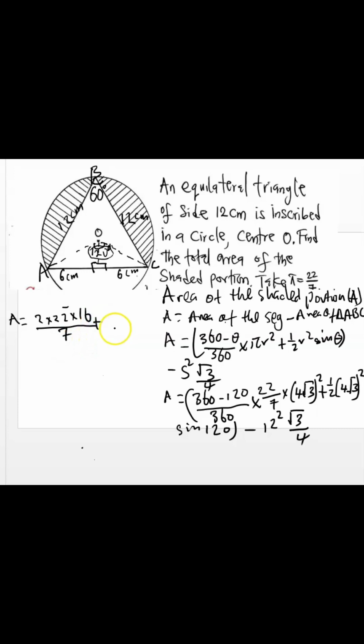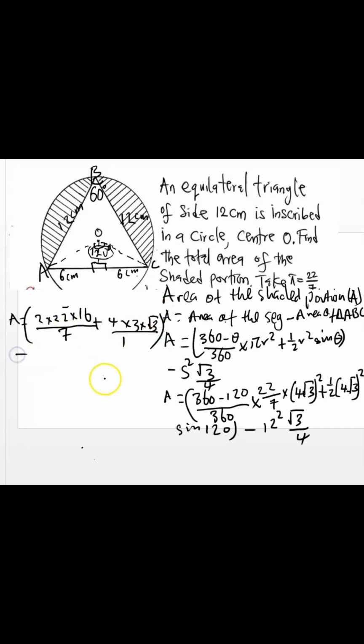Plus now we will have 4. The whole of this, when you simplify, just put this in your calculator, you will get 4 times 3 times root 3 divided by 1.